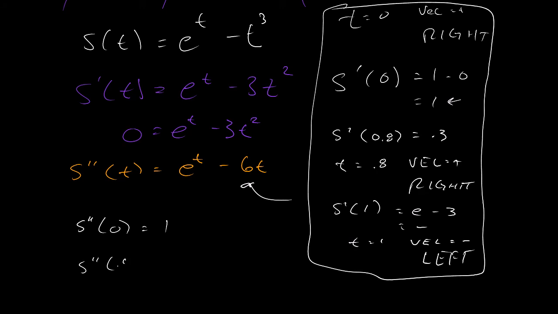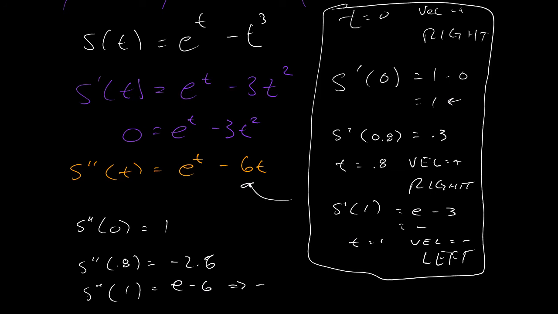Our second derivative of 0.8, when we plug that in, we're going to get e to the 0.8 minus 6 times 0.8, which gives me negative 2.6. Our double prime of 1 is going to get us e minus 6, which is going to be negative.